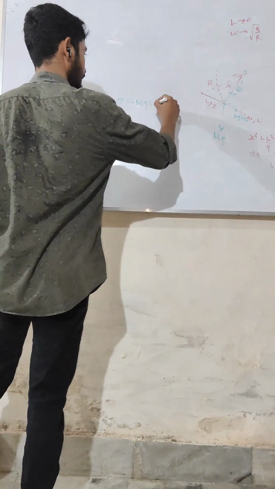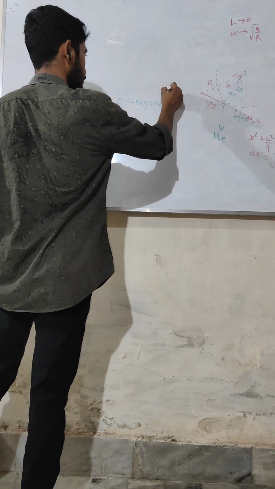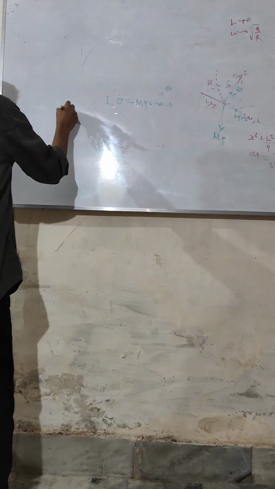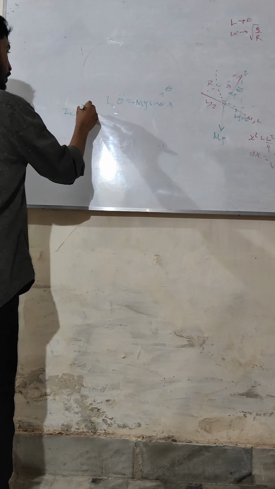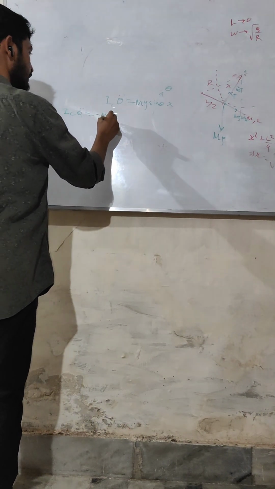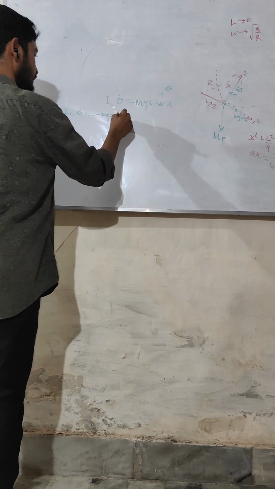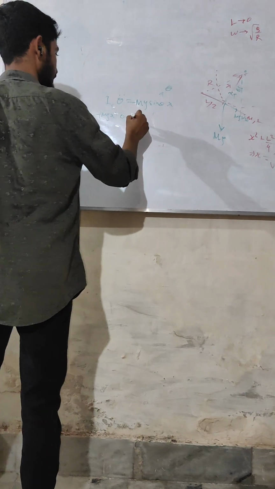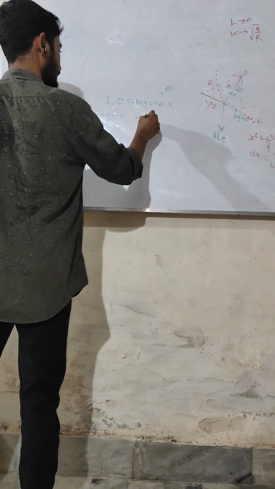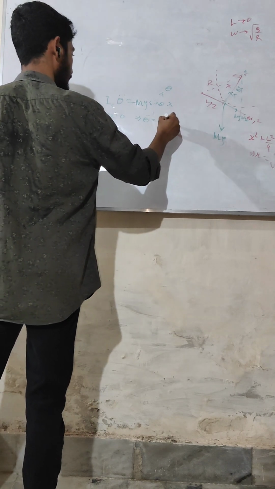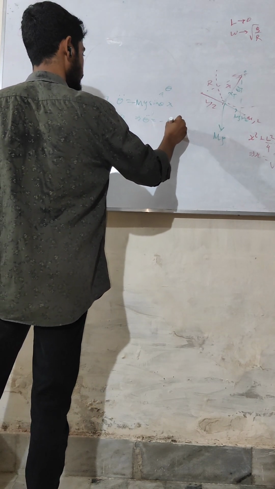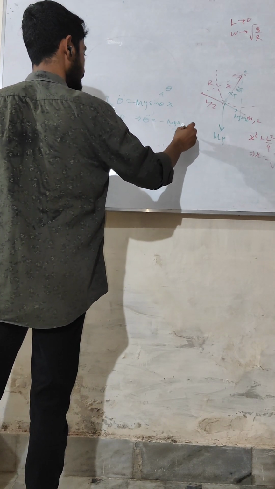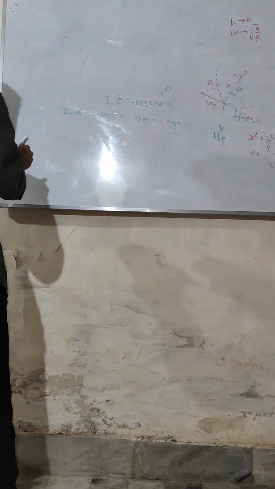Now, since we're looking at small angles, sine theta is going to be approximately theta, right? So we have IC theta double dot is equal to minus mgx theta, right? So basically, theta double dot is minus mgx divided by IC, times theta.